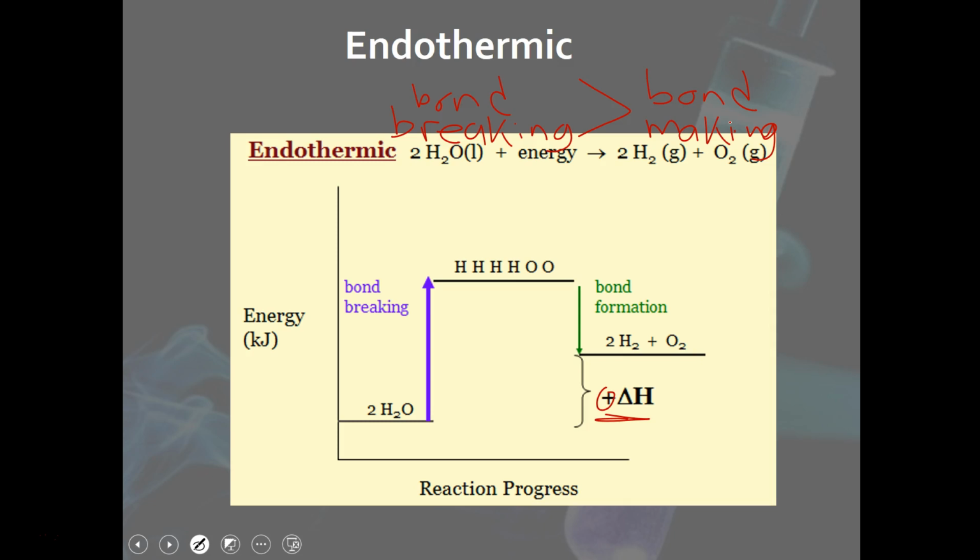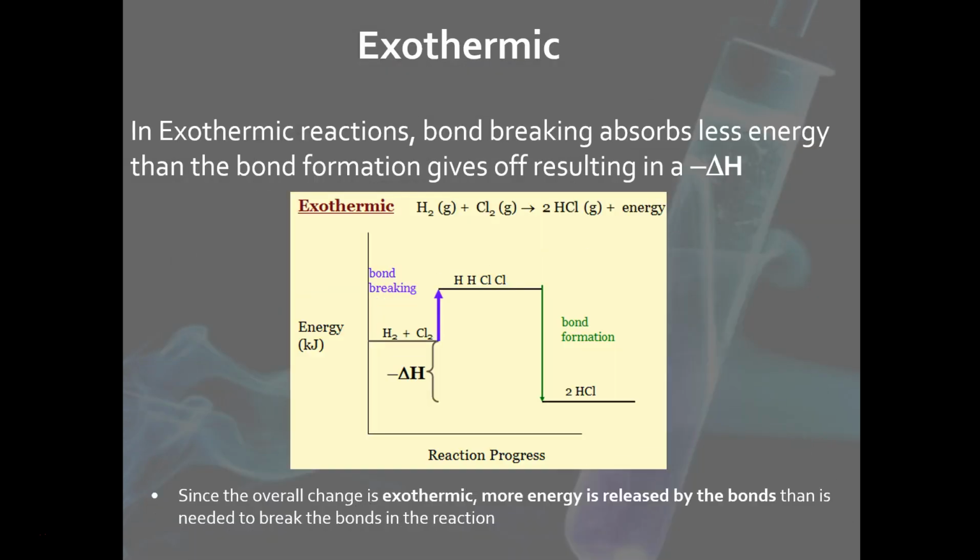An exothermic reaction, then, is the opposite. In this case, the energy required to break the bonds between hydrogen and chlorine is less than the energy that it takes to actually take hydrogen and chlorine and add them together. And so my delta H is negative.